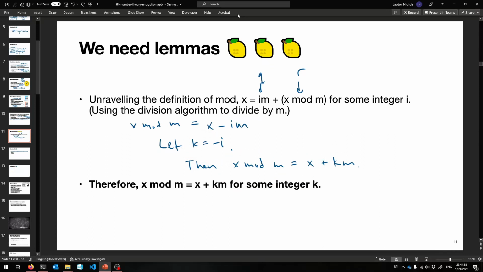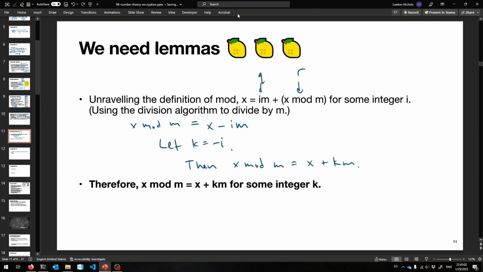All right, so I've just solved for the remainder. Here's how you get it. Therefore, I found some integer multiplied by m added to x equals the remainder. So the remainder of any number, when you divide it by m, x mod m, is equal to your original number plus some integer multiple of m, for some integer k, which is funny and weird to think about.